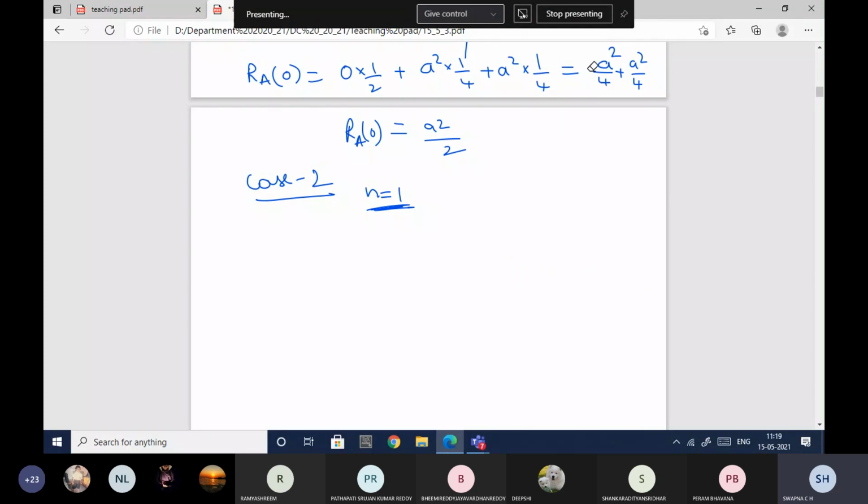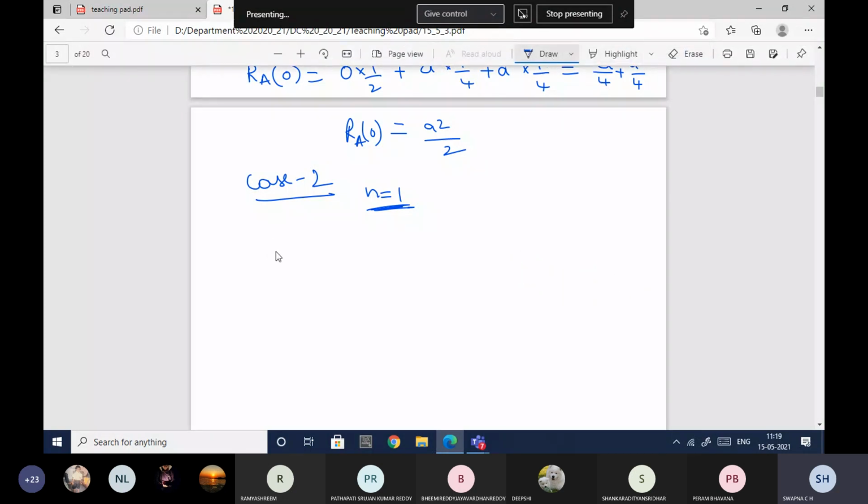I'll show you in the form of a tabular column, maybe you'll understand it clearly. So again, R_A of n is equal to summation over k of A_k into A_(k minus 1), where I need to find out how many products I'm going to get here.